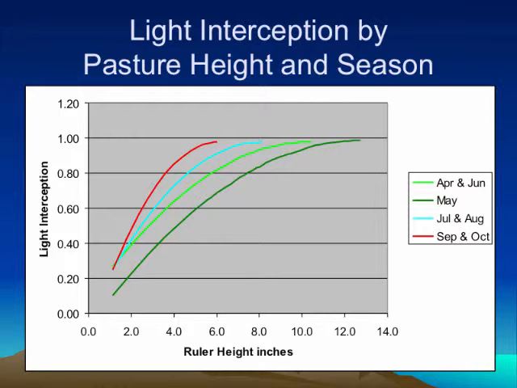This line over here, September, it's closer to 4 inches of height to reach maximum light interception. Why is that? What's going on in May? Or let me say, what's going on the 21st of June? Give you a hint. Okay, the 21st of June is the summer solstice. And where's the sun in the sky?